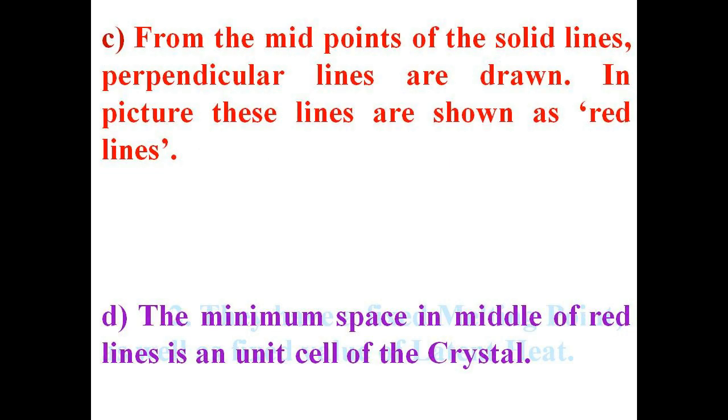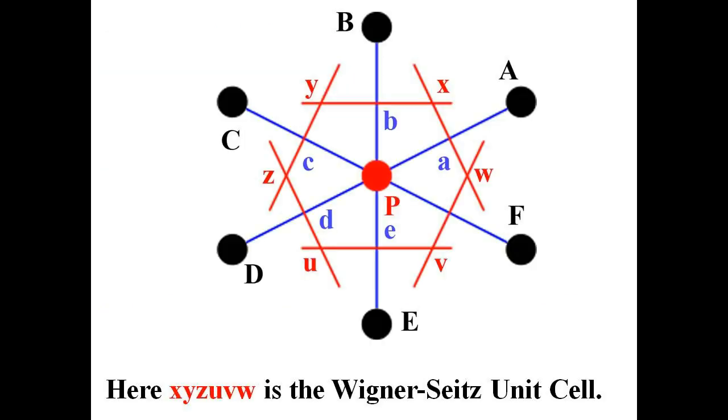C. From the midpoints of these lines, perpendicular lines are drawn. In the picture, these lines are shown as red lines. D. The minimum space in the middle of the red lines is a unit cell of the crystal. In the figure, a typical Wigner-Seitz unit cell is shown.